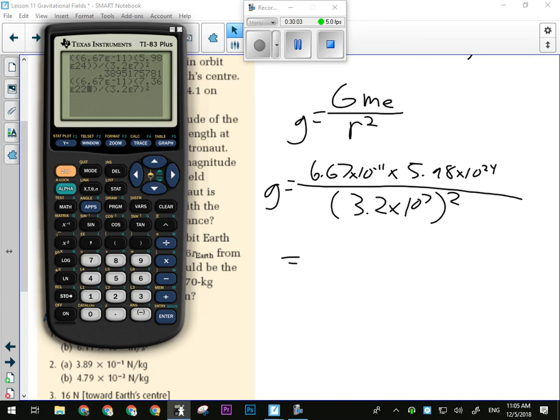Okay, and then do it. We get a much, much smaller number, because obviously the Moon has a much smaller gravitational field. Everybody with me on that one? Where did I lose you? You're giving the screen a dirty look.